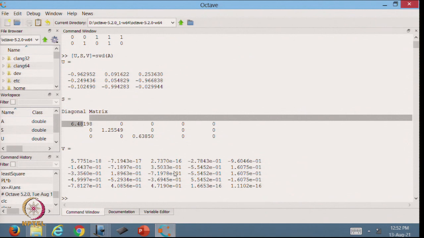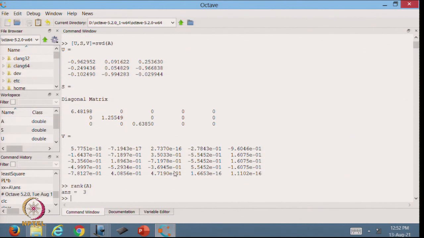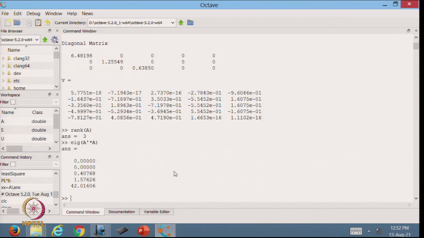In this case A transpose A is a 5 cross 5 matrix and it is going to have 5 eigenvalues. 2 eigenvalues will be 0, because in this case the rank of A is 3. If I want to find the eigenvalues of A transpose A, it will be 0, 0 and 0.4, 1.5 and 42.